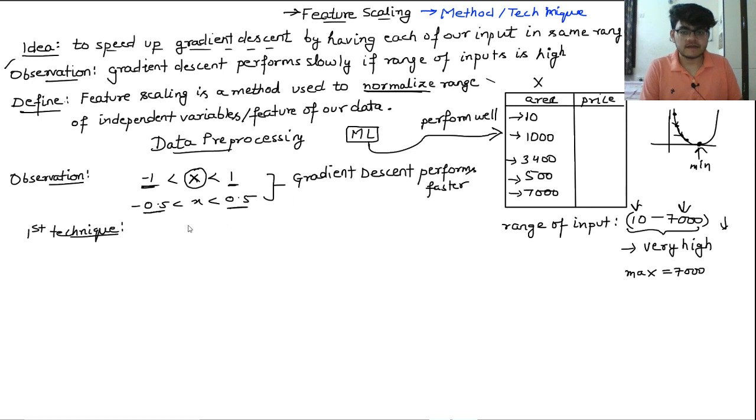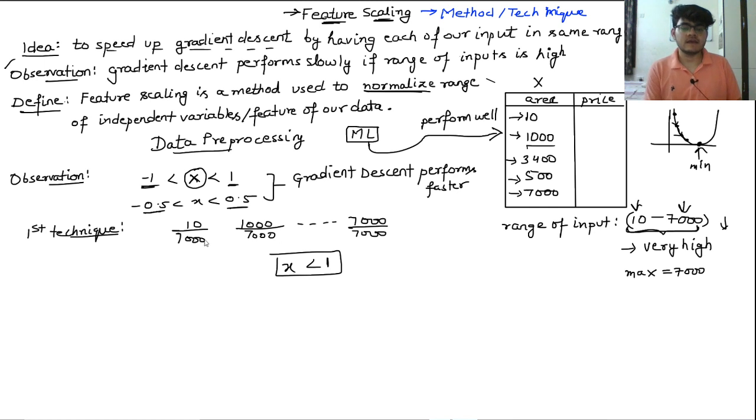So we will divide 10 by 7,000, then we have 1000 here, so we are going to divide it by 7,000 and so on. So 7,000 will be divided by 7,000. In this way you can see I have scaled the feature from 10 to 7,000 to a scale of less than 1.